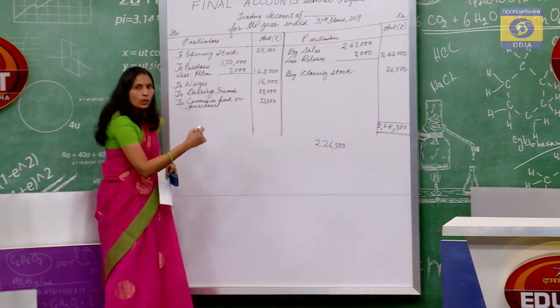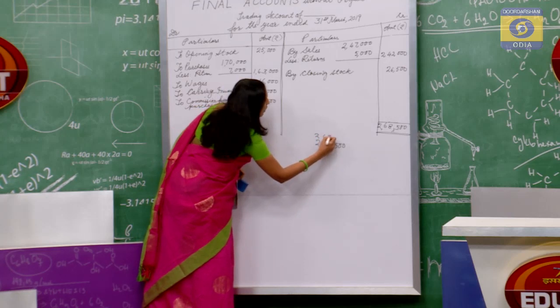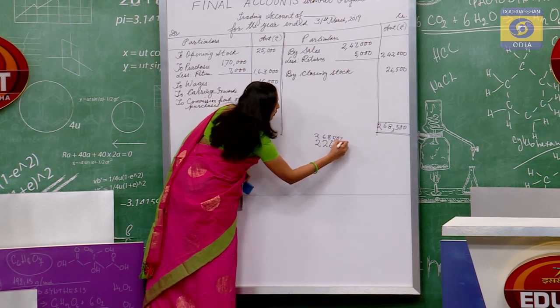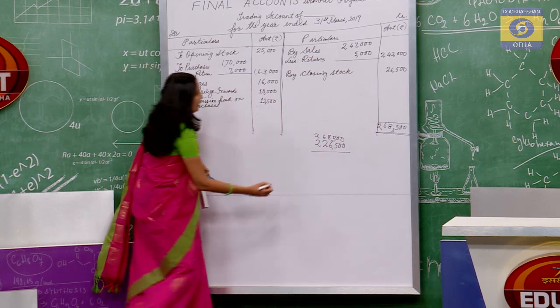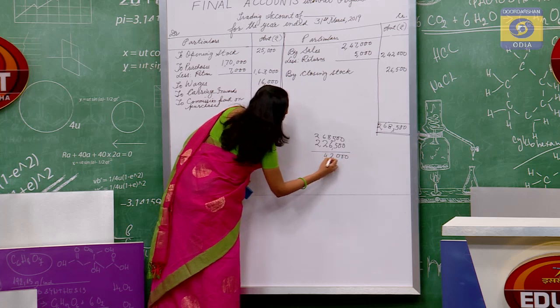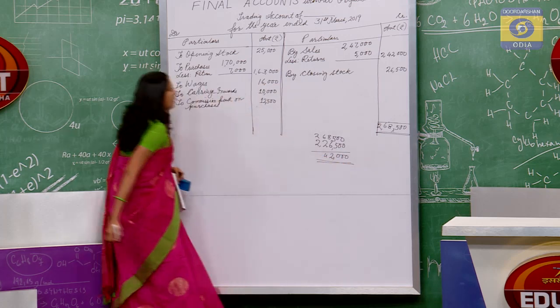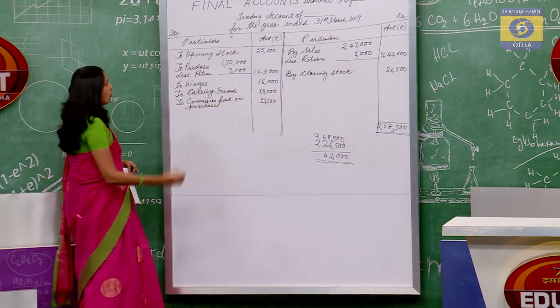So, we will find out what is the difference. 2,68,500 minus 2,26,500. Students, that gives us 42,000. So, we know clearly that we have a gross profit, and the gross profit is 42,000.